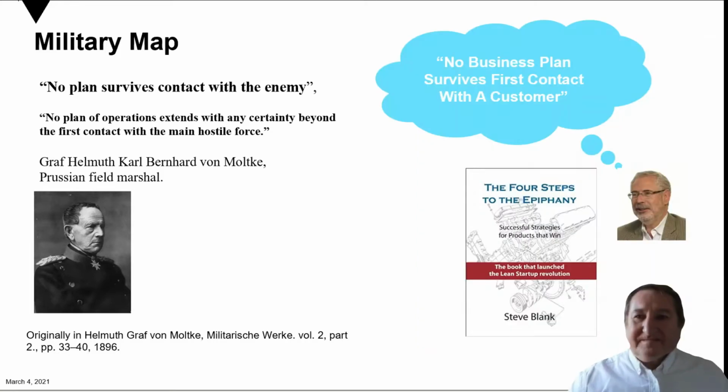In business strategy, we create business plans, often rather wishful than realistic. And Steve Blank, a Silicon Valley entrepreneur and professor at Stanford University, observed that no business plan survives first contact with a customer.